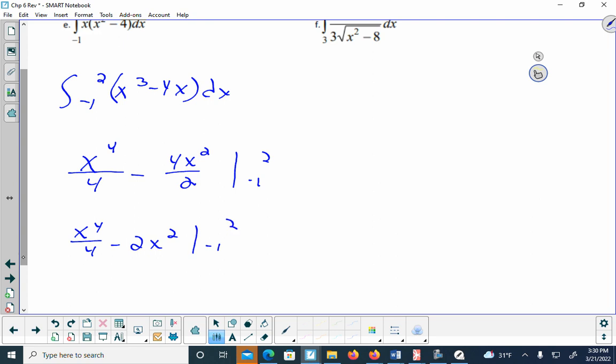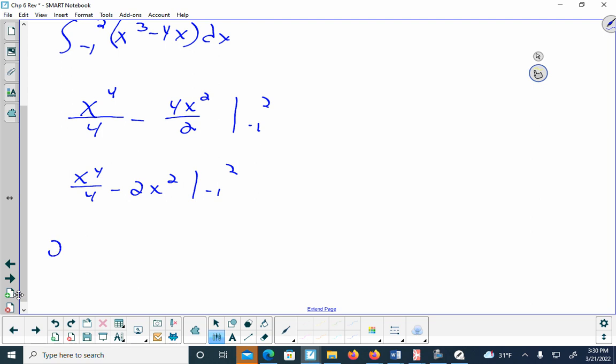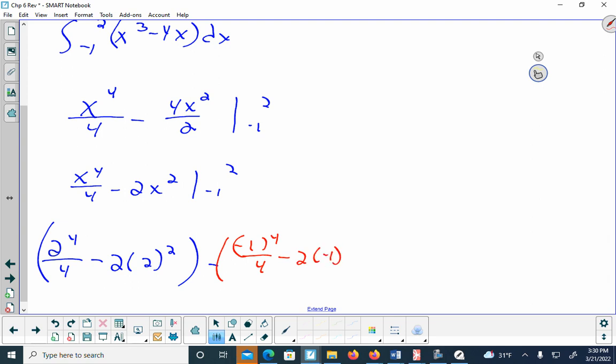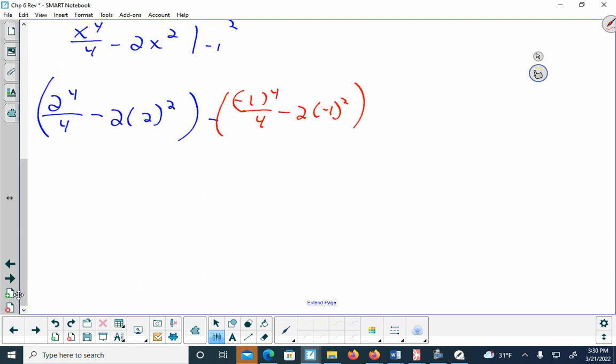And when I substitute in, I am going to have 2 first, so 2 to the fourth over 4 minus 2 times 2 squared, minus negative 1 to the fourth over 4 minus 2 times negative 1 squared. I'm going to do that and substitute 2, that makes 4 minus 8, and substitute in the negative 1, and it leaves negative 7/4. So when I subtract that, I get negative 9 fourths or negative 2.25.